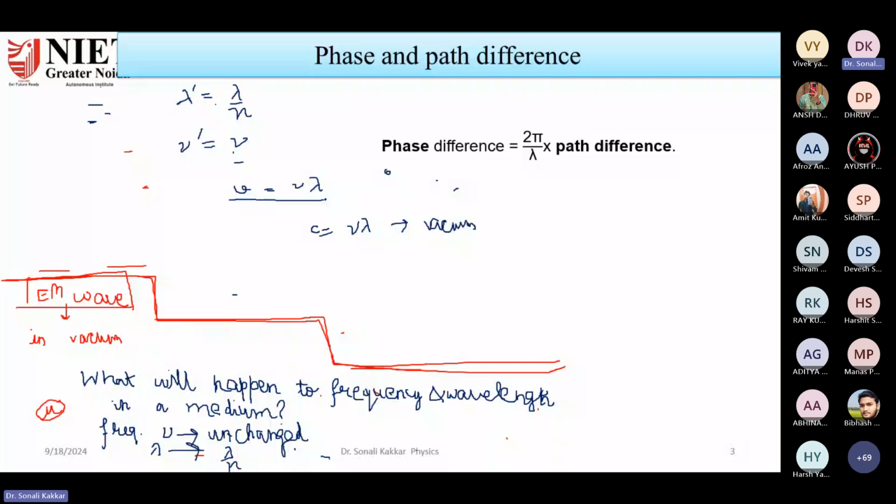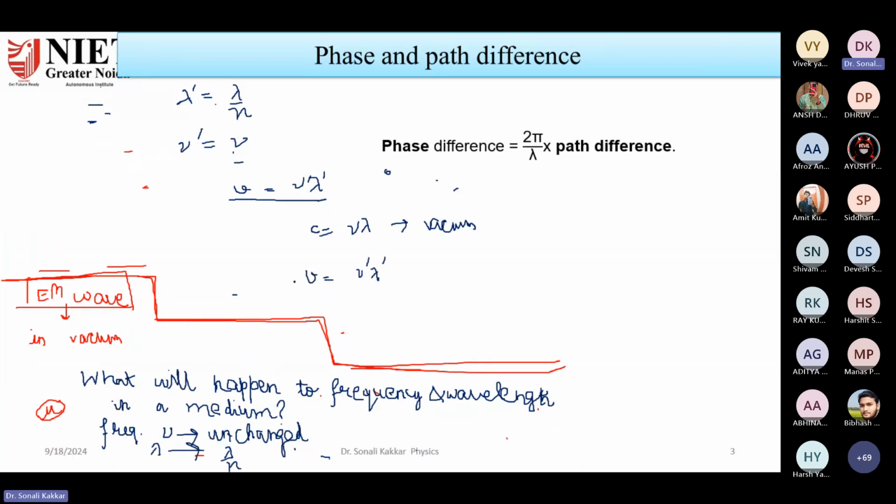And this is for medium: velocity is equal to nu prime lambda prime. So how is it accommodated? c becomes velocity, v is equal to nu prime lambda prime.